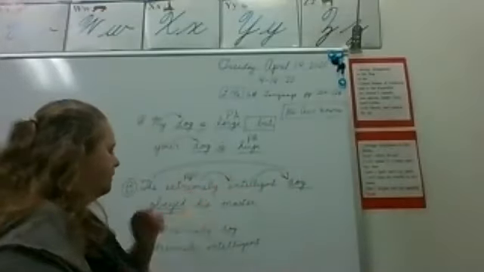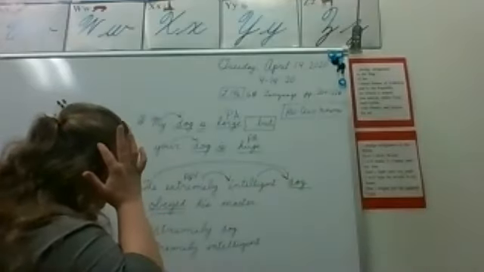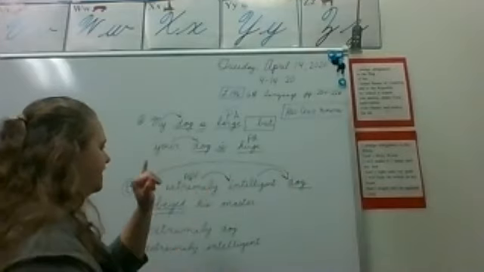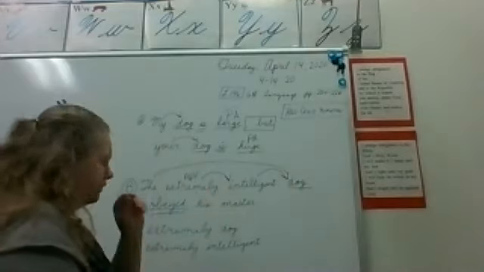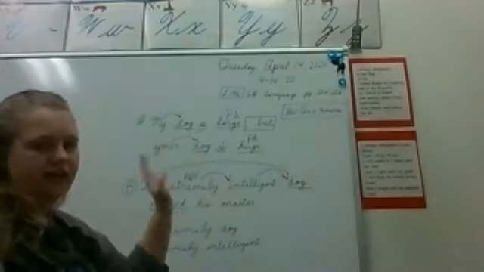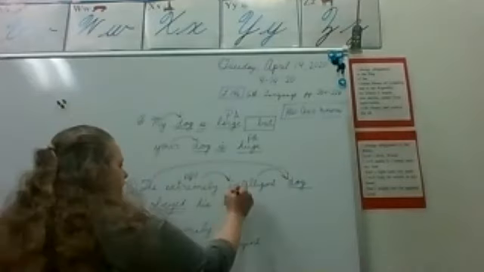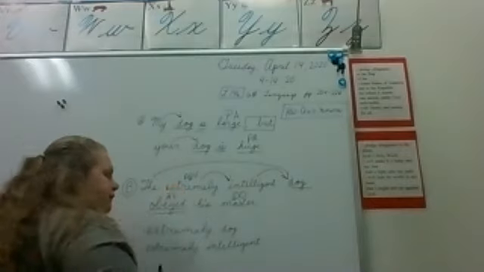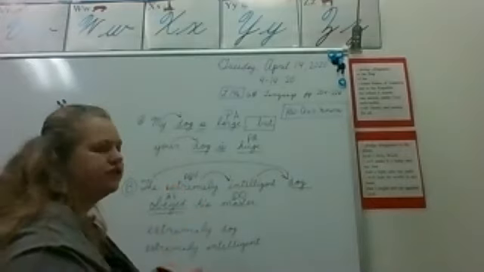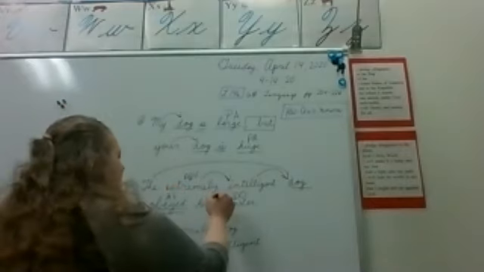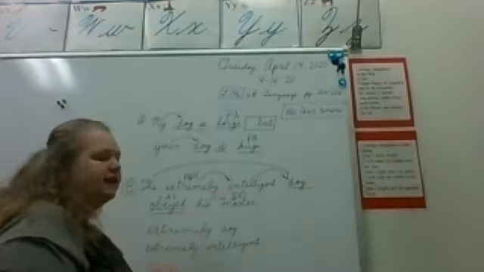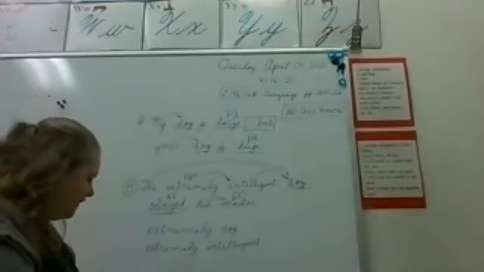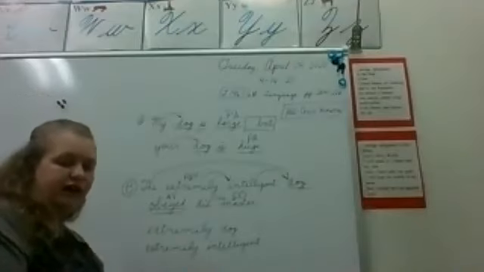So adverb describing an adjective there. And his master, so dog obeyed master. What is master? We'll just identify all the words. Direct object, because obeyed is an action verb, okay? And whose master? His master. So that's an adjective, okay? All right, so that would be how to identify all the words in your sentences, okay?